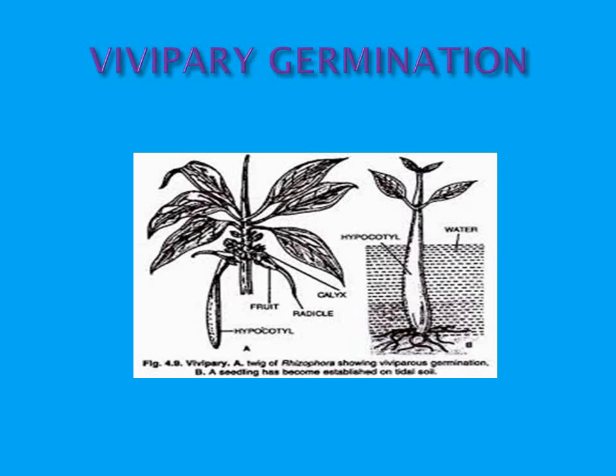You can see that structure, and in the first picture the fruit becomes the radicle and the stem. In the second, it continuously grows, and then it falls into the water and separates, and leads a separate life. So that kind of germination is called vivipary.